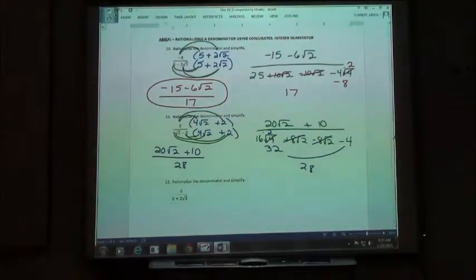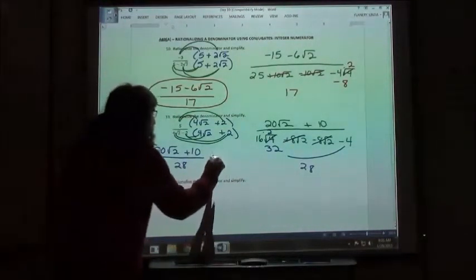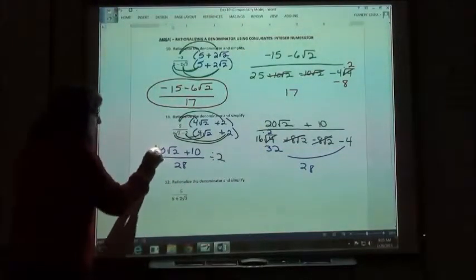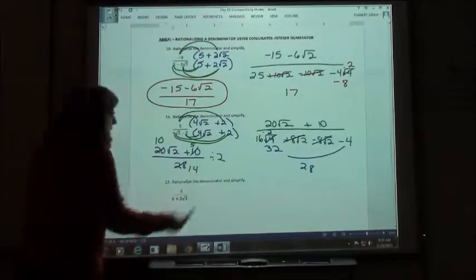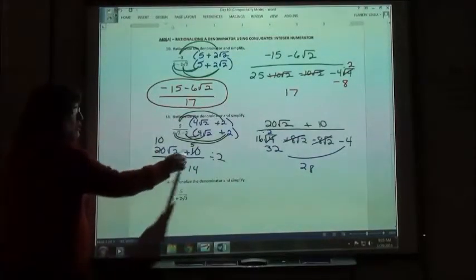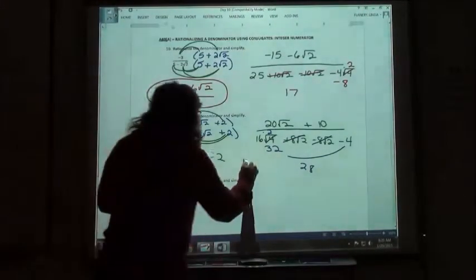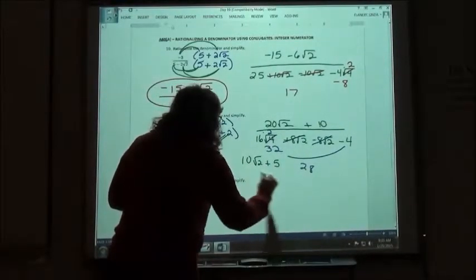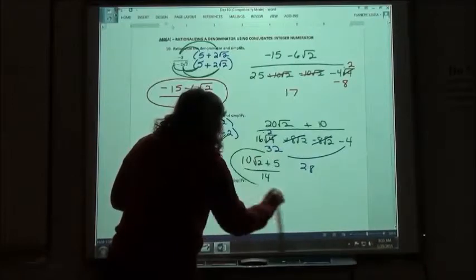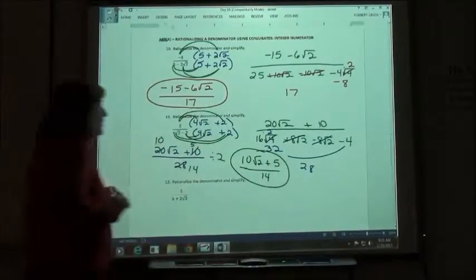So I can reduce it down. I'm going to divide by that 2 and make this 10 and make this 5 and make this 14. Notice you're not doing the square root, just those whole numbers. So we have 10 square root of 2 plus 5 over 14 for a crazy looking answer.